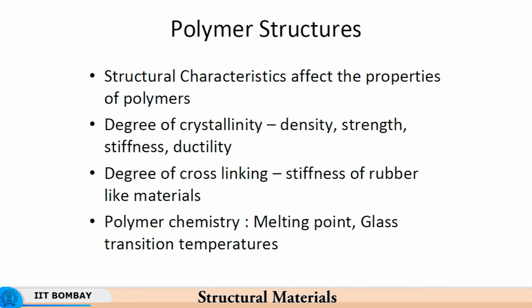So what is crystallinity after all? In case of metals, we have seen that it's an ordered arrangement of atoms, and in metals we have face-centered cubic, body-centered cubic, 14 Bravais lattice structures are available in metals. But in case of polymers, what crystallinity means is ordered arrangement of atoms.